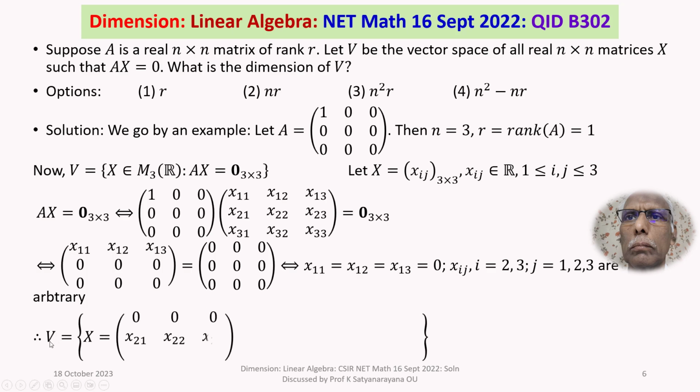So, V is equal to the set of all 3 by 3 matrices X with first row 0 0 0, second row x21, x22, x23, third row x31, x32, x33, where these xij's are real numbers for i equal to 2, 3 and j equal to 1, 2, 3. They are arbitrary.